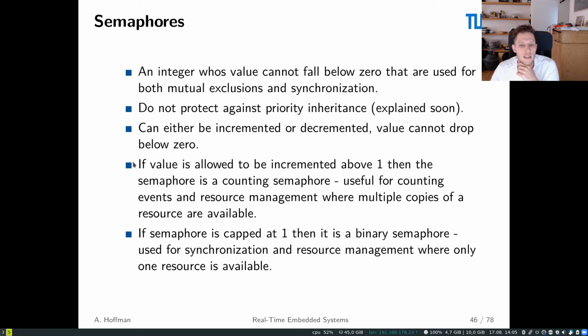For instance, there are semaphores where you're allowed to increment the value above 1. These are called counting semaphores. This can be really useful if you want to count, in a locked, thread-safe way, the number of events that have happened, such as the number of network packets that you've received that need processing. As you receive them, you increment it, and as you process them, you decrement it.